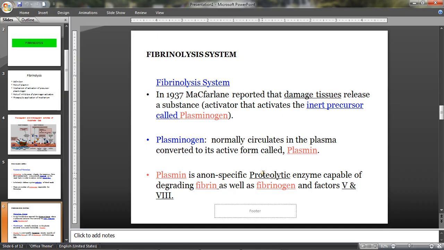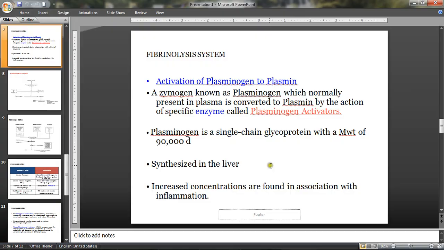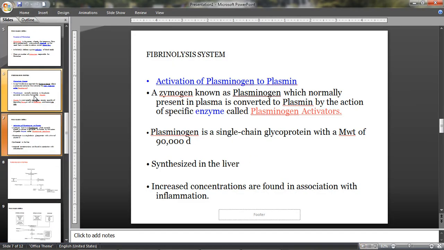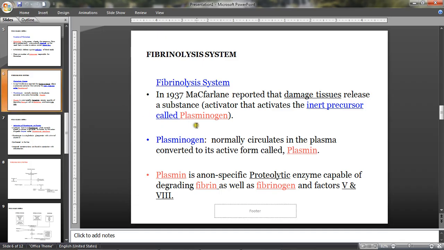Now, plasmin is a non-specific proteolytic enzyme capable of degrading fibrin as well as fibrinogen and factor 5 and factor 8.